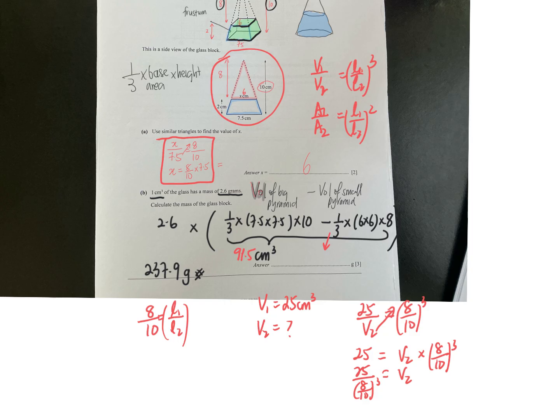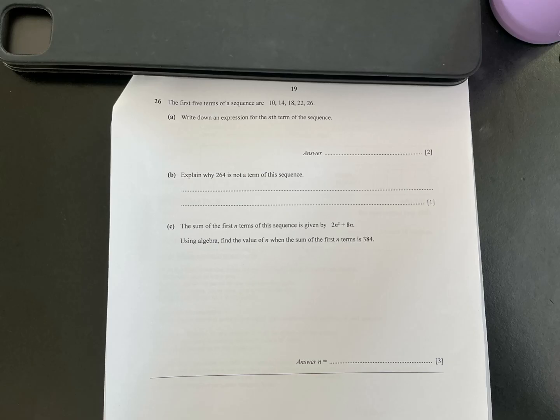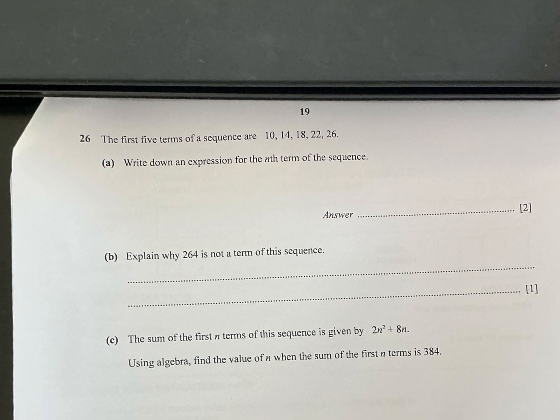Okay? Last one is the number pattern. Although I don't know why, tested so many times already, you still refuse to remember the formula. Then you say, got learn formula before meh? Okay, but learn now. So they will always ask you for the nth term of a sequence. So remember the formula for now.